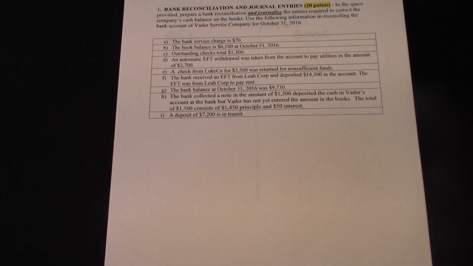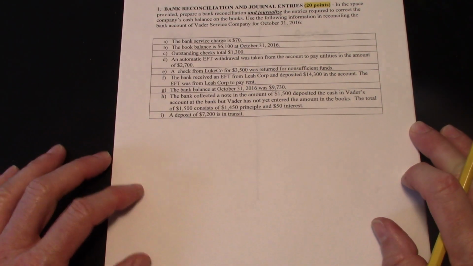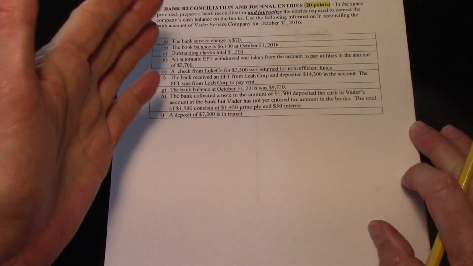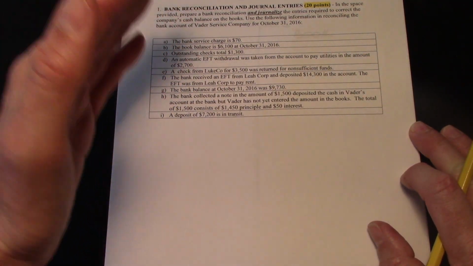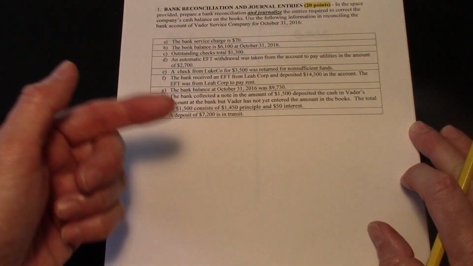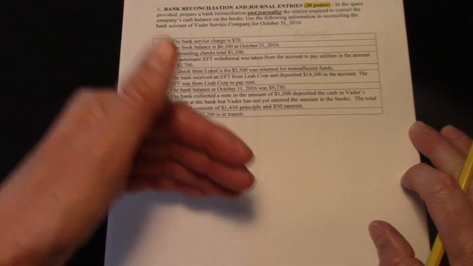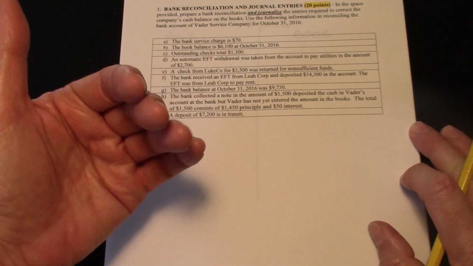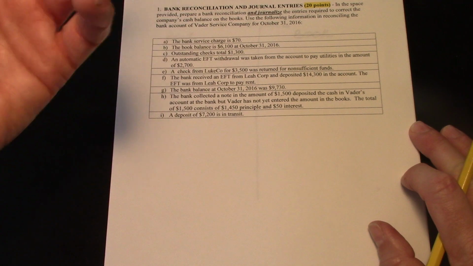In this video, we're going to prepare a bank reconciliation, and we're going to do the journal entries that go with that. So if you'll recall, we keep track of our cash all period long, and at the end of the period we have a certain cash balance in our cash ledger. Well, also stuff has been happening at the bank, right? We've written checks, we've made deposits, the bank has given us or taken out interest, they've charged us fees, things like that, checks have bounced.